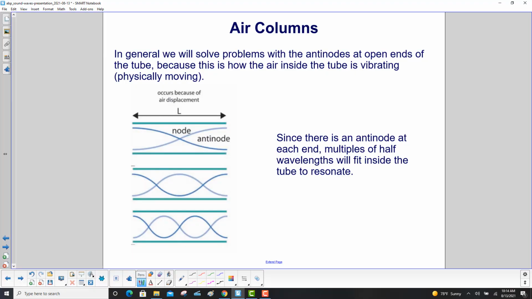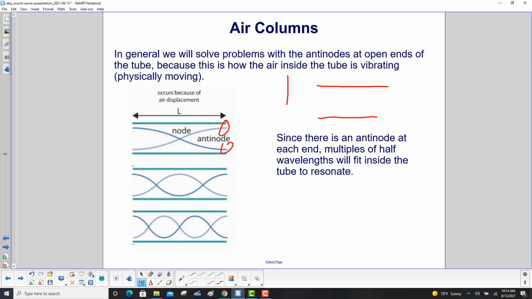In general, we will solve problems with the antinodes at open ends of the tube, because this is how the air inside the tube is vibrating. That's how the molecules are physically moving. Since there is an antinode at each end, multiples of half wavelengths will fit inside the tube to resonate. And why is that? Well, let's see.